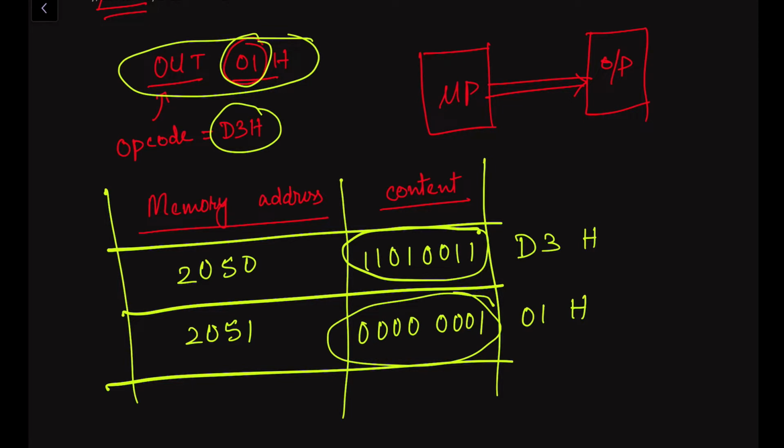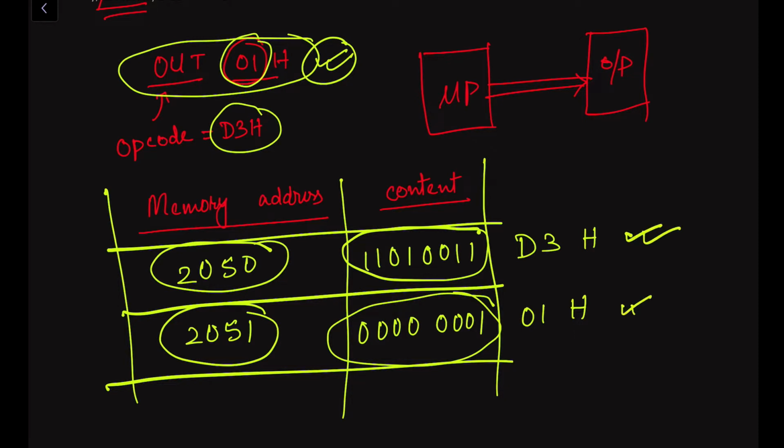When the microprocessor finds this instruction to execute, first of all it will read the locations 2050 and 2051. In those locations it will find the opcode, and the output device address, that is 01.